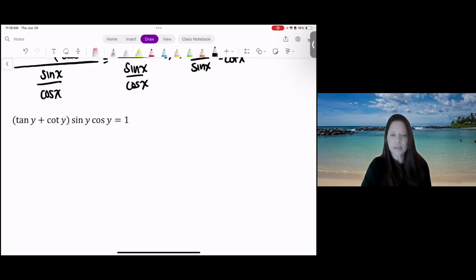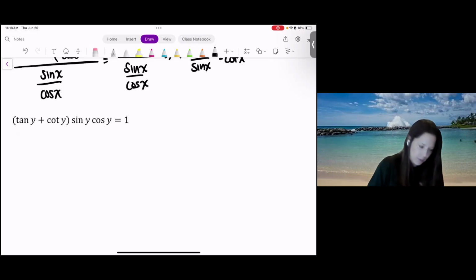Moving on to this last example, I have tangent of y plus cotangent of y, times sine y cosine y. I can't do anything with the sine times the cosine right now. Those are as simplified as possible, but I can rewrite tangent and cotangent in terms of sine and cosine. Tangent of y is sine of y over cosine of y.